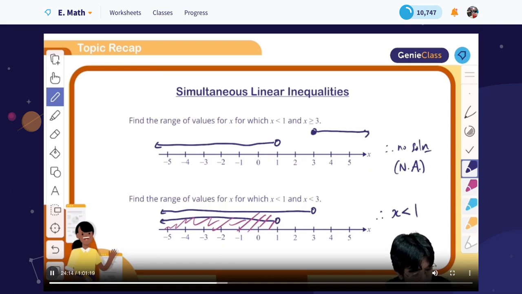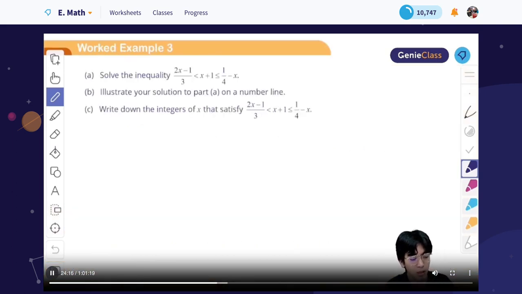Now let's go on to the harder kinds of questions. So this is also considered under your simultaneous inequalities, where you have an inequality and then another inequality, right? And there's algebra inside. So when you see this kind of inequality, what do you need to do?